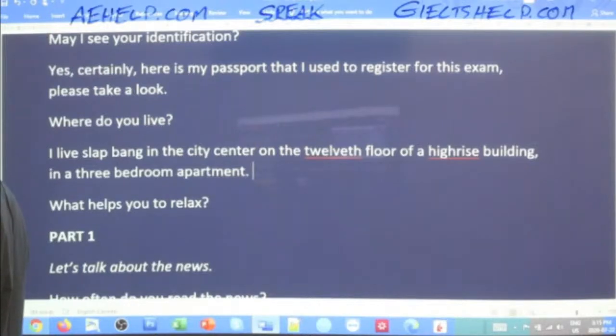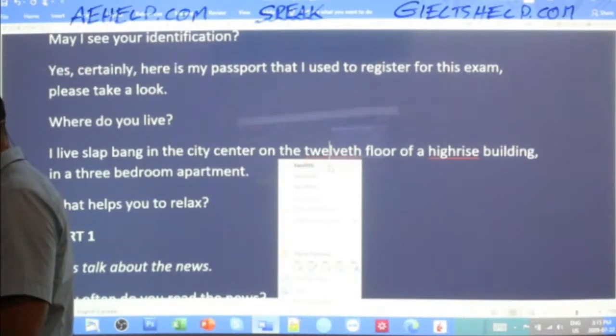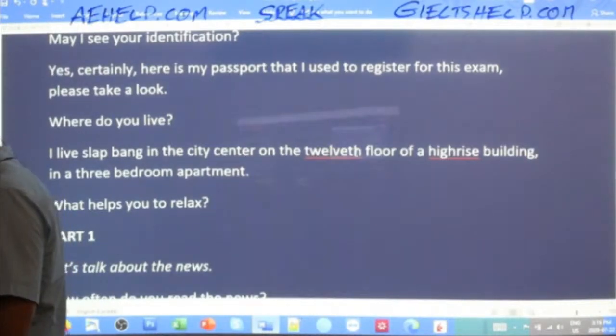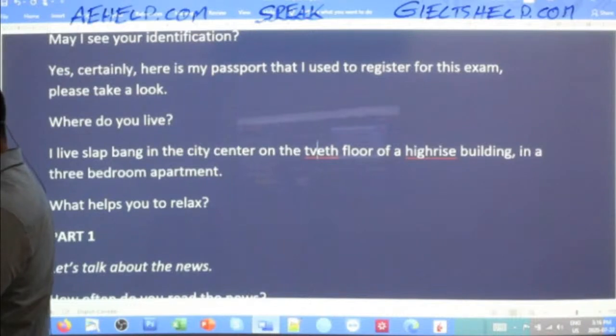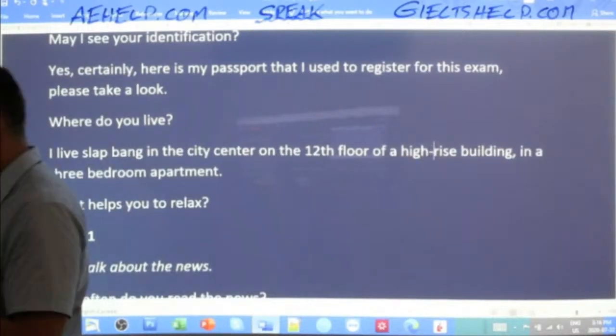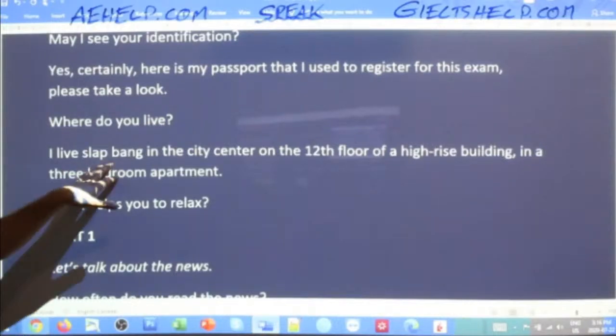Okay. So the expression here, 12. Why can't I spell 12? Okay, let's cheat. 12th high-rise building. The expression here is slap bang. That's making me lose focus here.